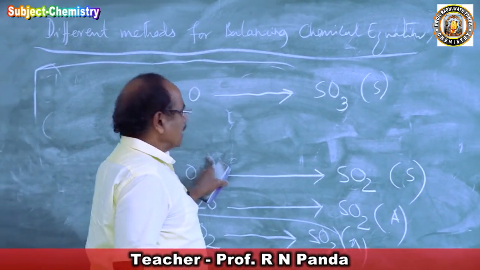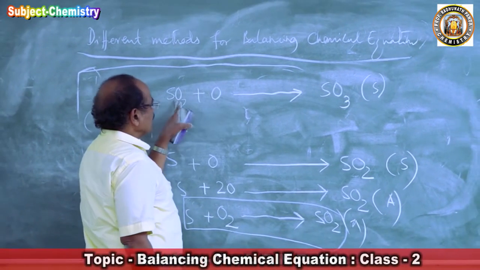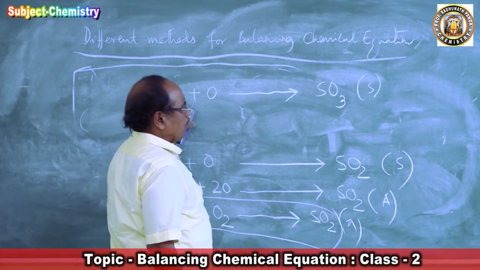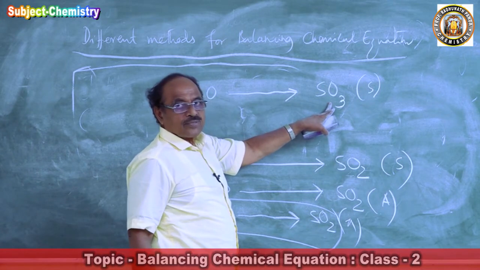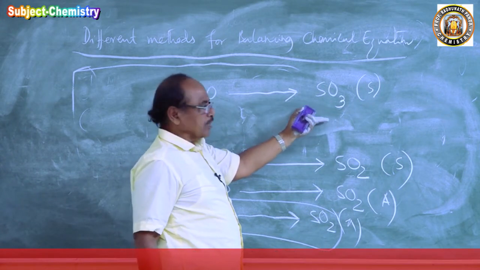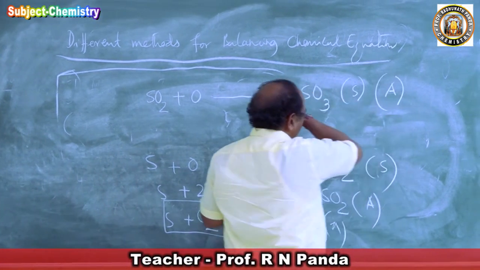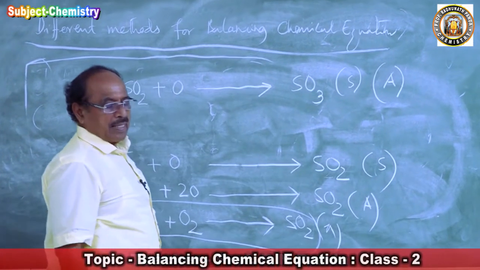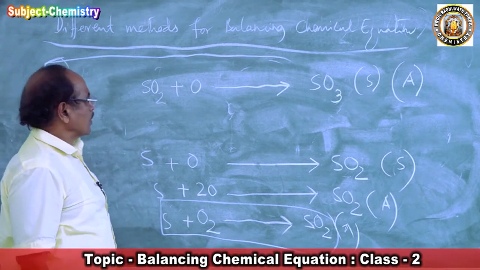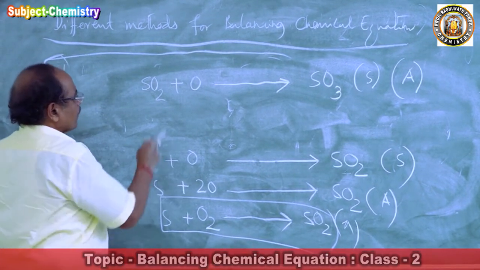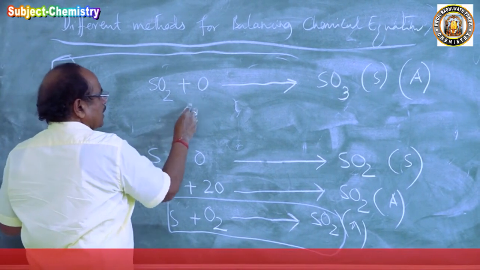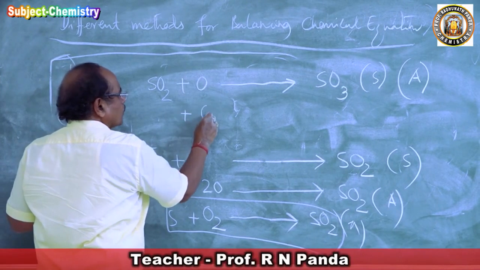Then we will make it atomic. How many atoms are here? 3 atoms. How many atoms are here? 3 atoms. So this skeleton equation now became an atomic equation. Now we will make it molecular. Oxygen will remain in the molecular state, so we will make it O2.